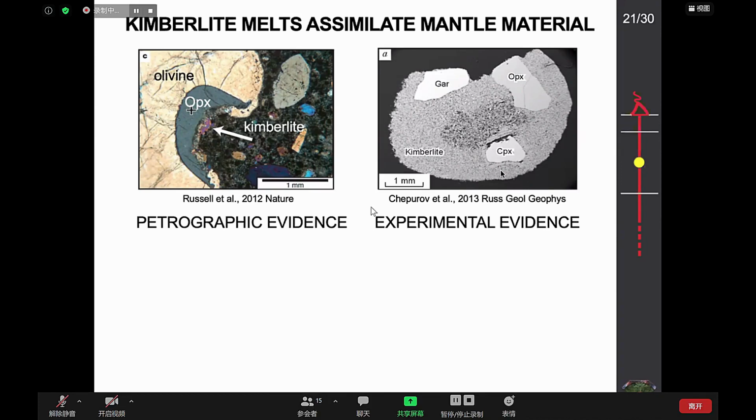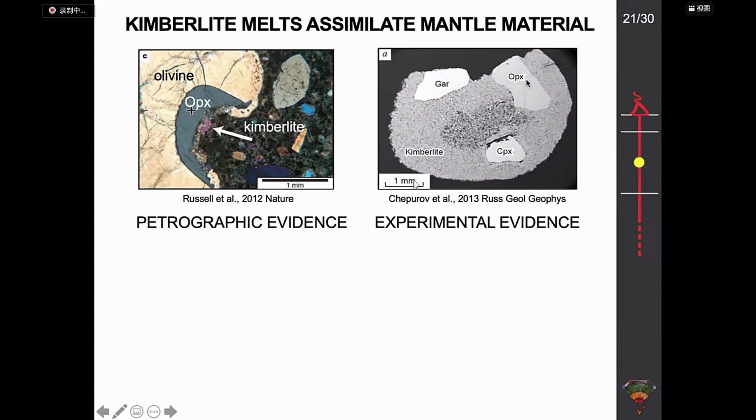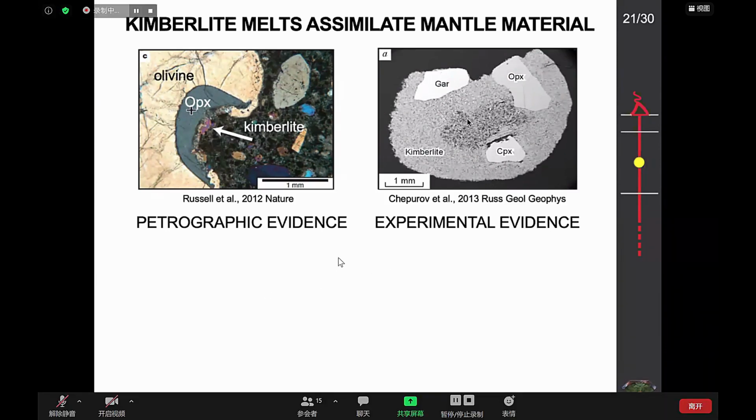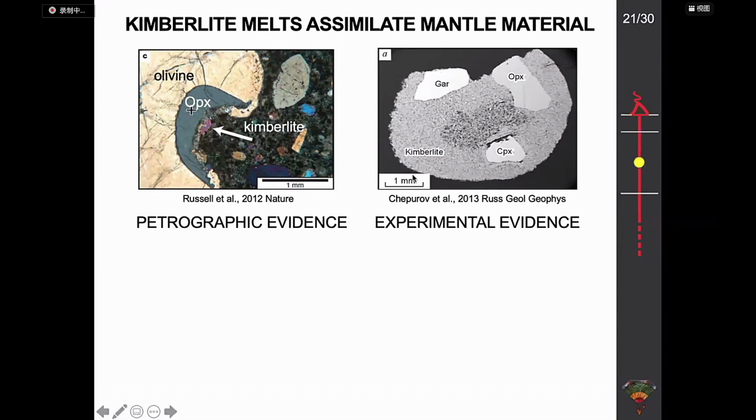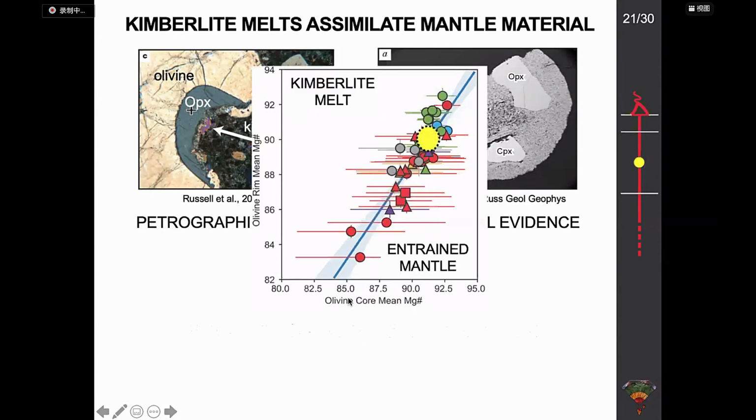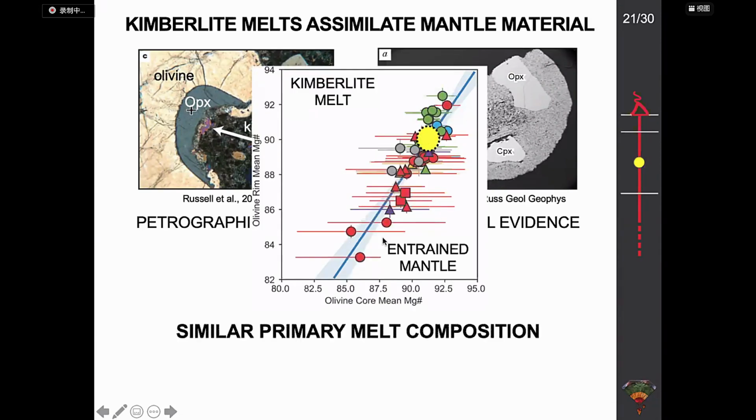And here on the right-hand side, there is an experimental charge where garnets and pyroxenes that were originally individual have sat in a kimberlite melt for an hour or so, and have been clearly resorbed.